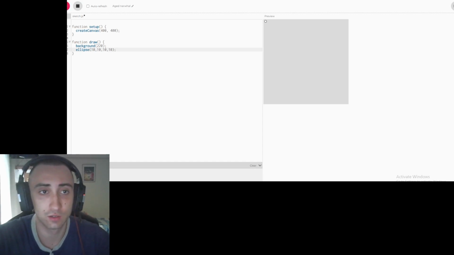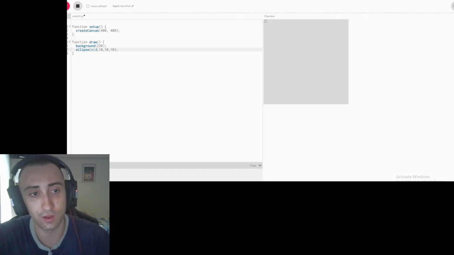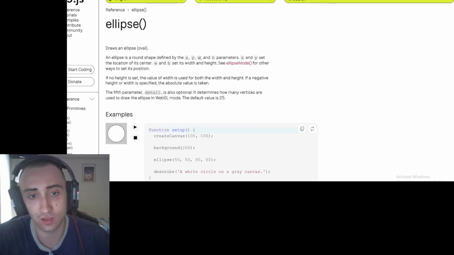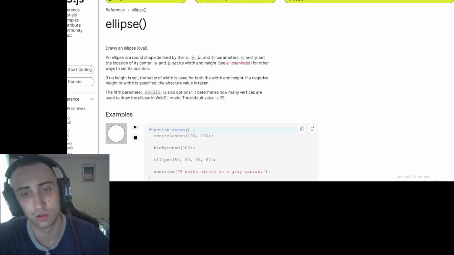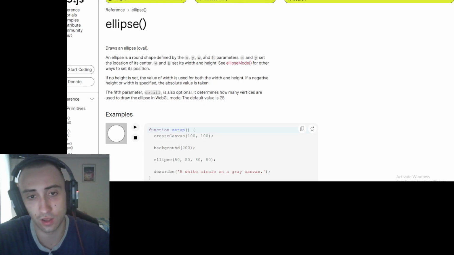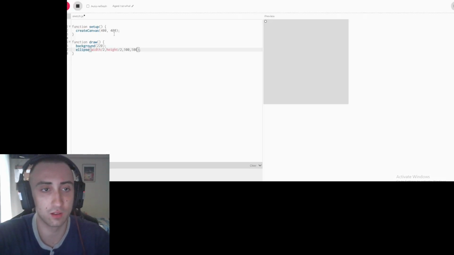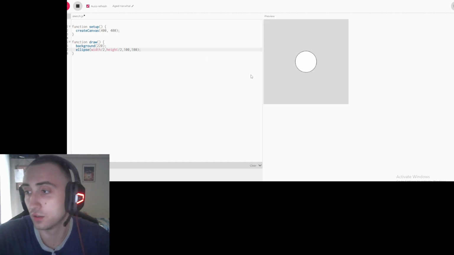This is it. It's supposed to be like width divided by 2, height divided by 2, and let's... Does it say what x, y, w, and h? Width and height. So the width can be 100 and the height can be 100.